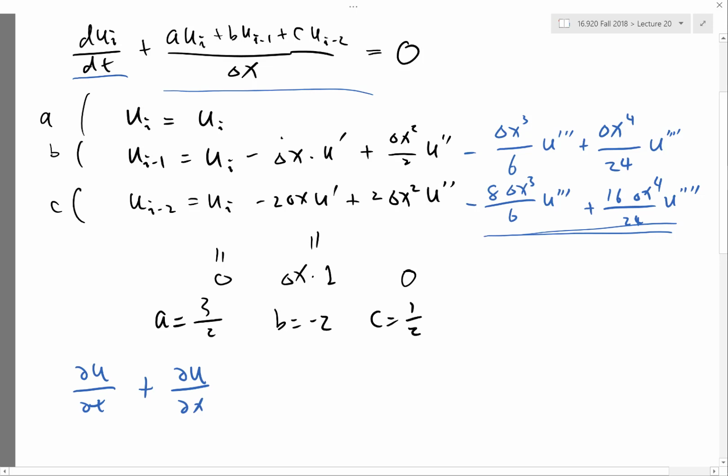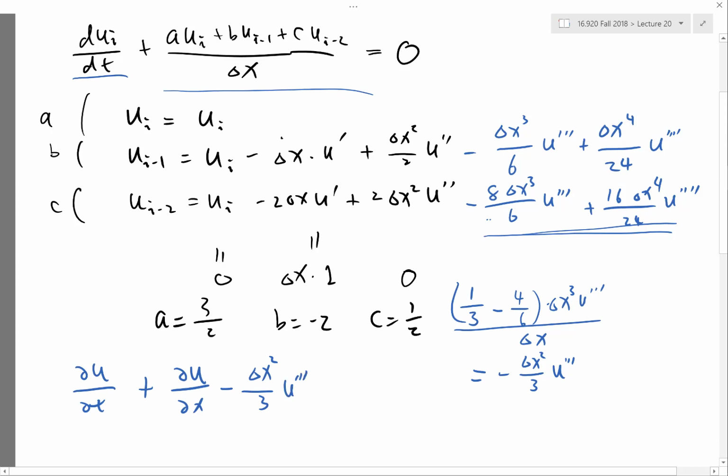So let's figure out what this is. b is minus 2, so the first term is multiplied by minus 2, and the other term is multiplied by half. So multiplied by minus 2 is 1/3, and this multiplied by half is minus 4/6, which is 2/3 times delta x cubed u third prime divided by delta x, which comes out to be minus delta x squared over 3 u third prime. So let's copy this over here.